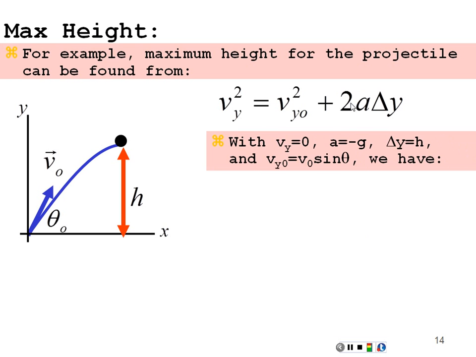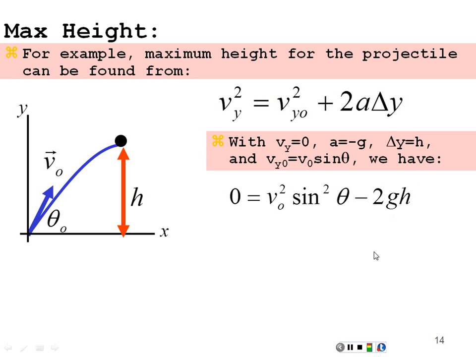Also, our acceleration is a negative 9.8, so that's going to be a negative g. Delta y is going to be equal to h, our height, and our initial velocity in the y direction is going to be v naught sine theta naught, or sine theta, if you will. So we can substitute all those in. We have 0 is equal to v naught squared sine squared theta minus 2gh, because our acceleration was a negative g.